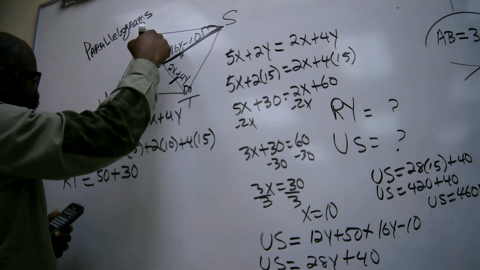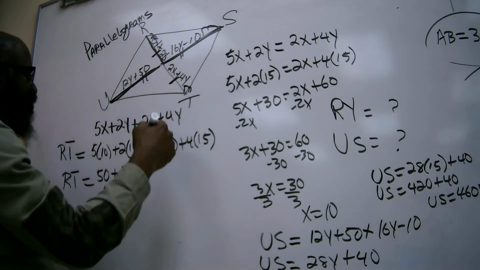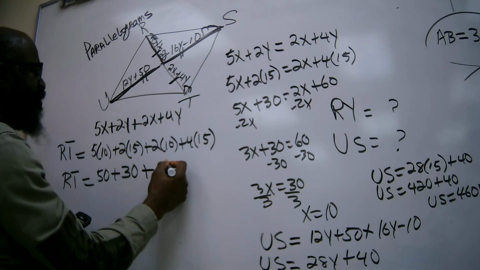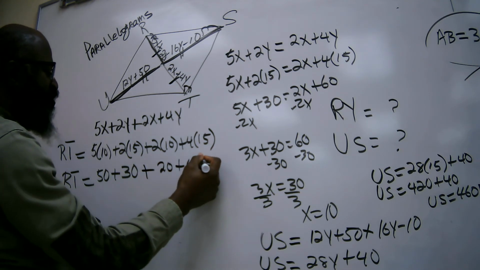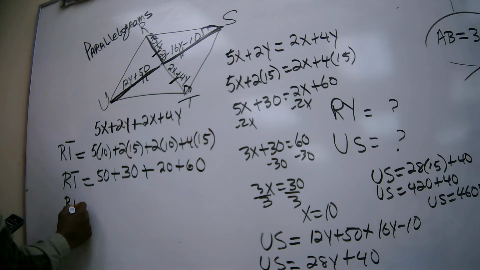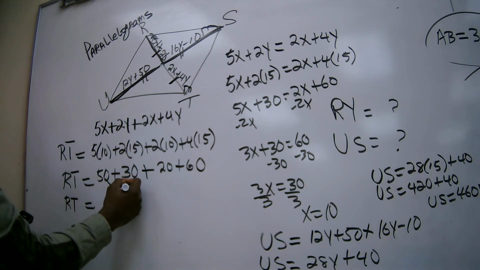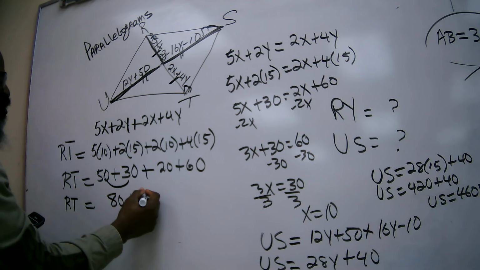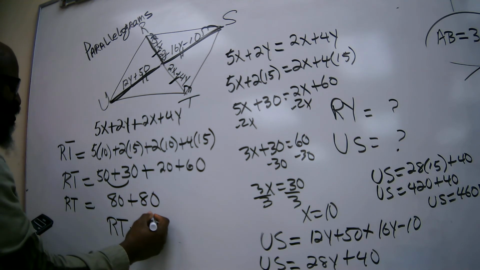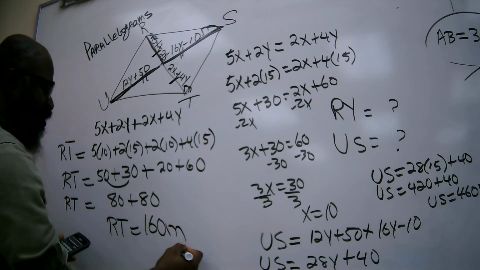If you get the first half, it's the same thing as that. That will give you 20 plus 60, that will give you another 80. So 80 plus 80 is 160. Therefore, RT is 160 meters, and you're done.